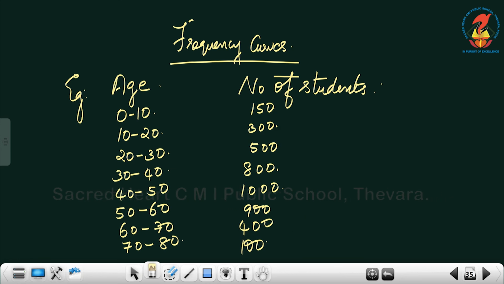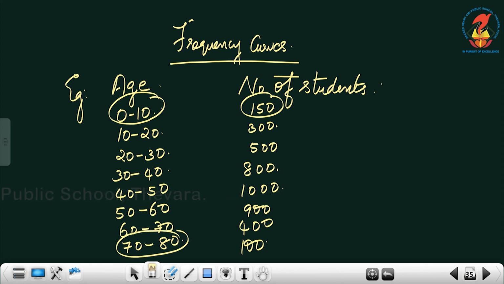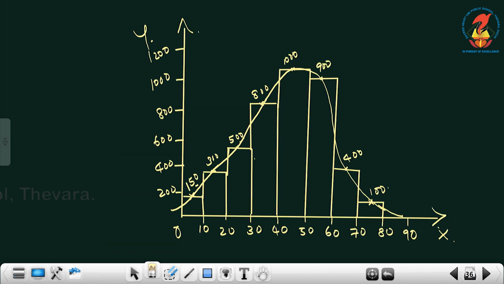Now, for the frequency curve, an example I have given: age 0 to 10, number of students 150. So, from 0 to 10, I have given it till 70 to 80. Now, I have represented this with the help of a histogram. First, you have to construct the histogram if it is a frequency polygon or a frequency curve.